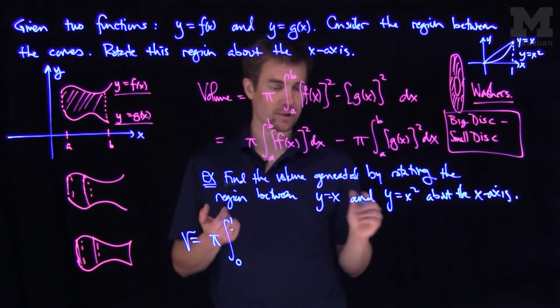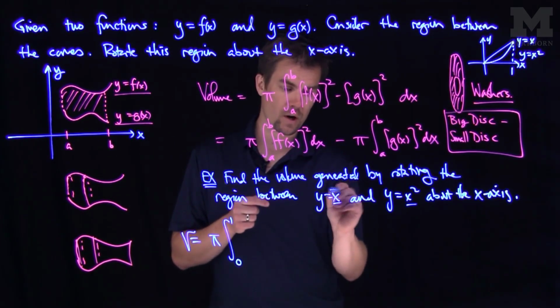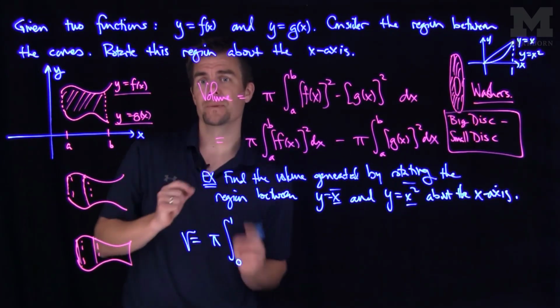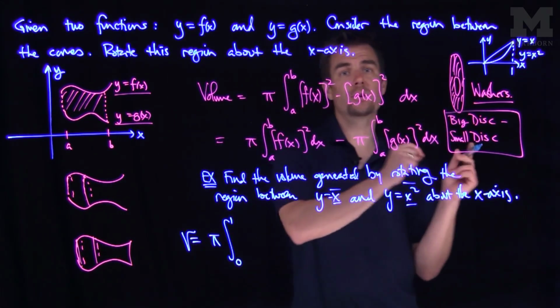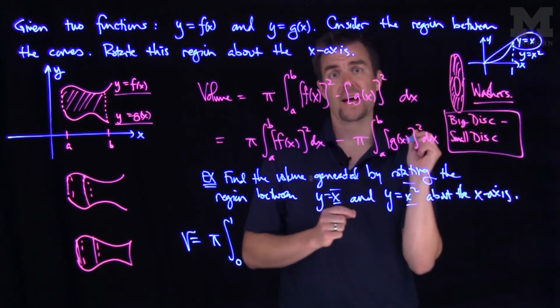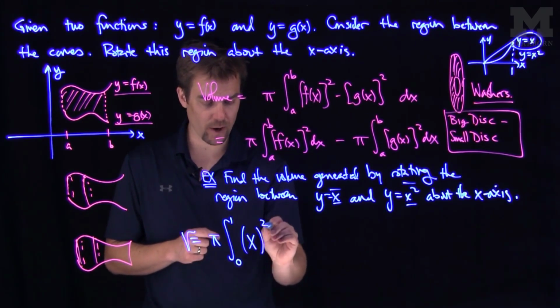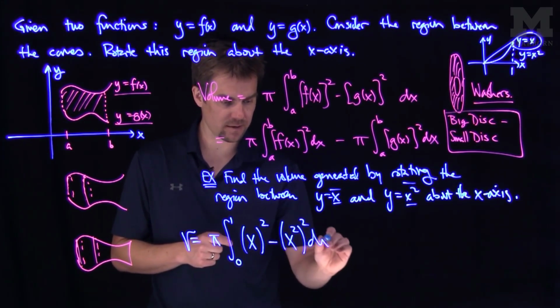Those are where my two functions intersect. When x is equal to 0, this is 0, and this is 0. When x is equal to 1, this is 1, and this is 1. So they intersect at 0 and 1. Those are my limits of integration. Then we do the top function. Remember now, between 0 and 1, the top function is x, not x squared. So it's the top function x squared, minus the bottom function, x squared squared dx.